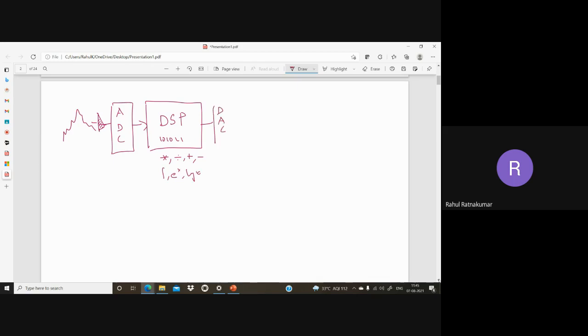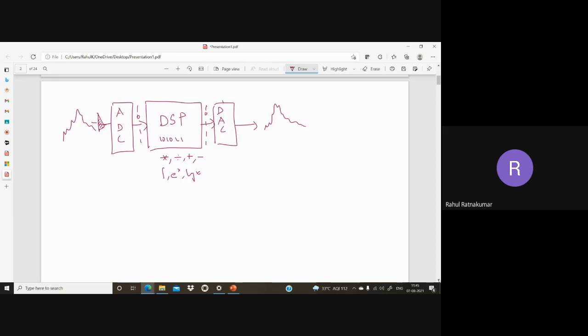Now we have a DAC, so your output comes in analog form. Same thing, processed output, right? In between we converted to digital, and the digital output of the DSP, digital signal processor, has been converted into analog form by the DAC, digital to analog converter.